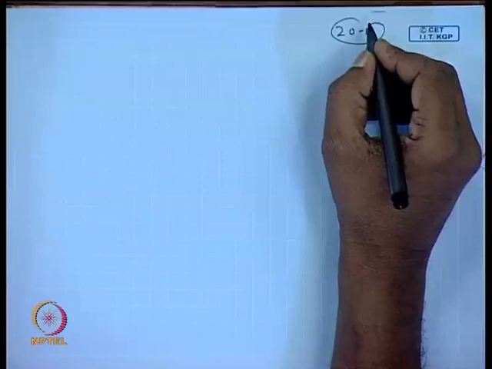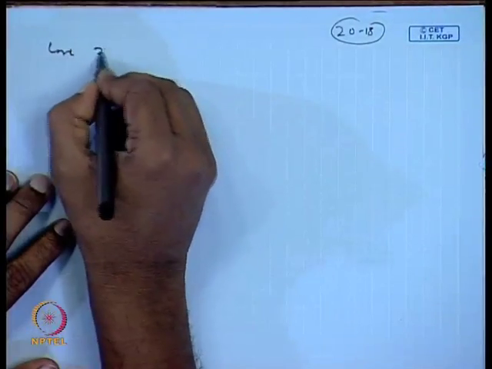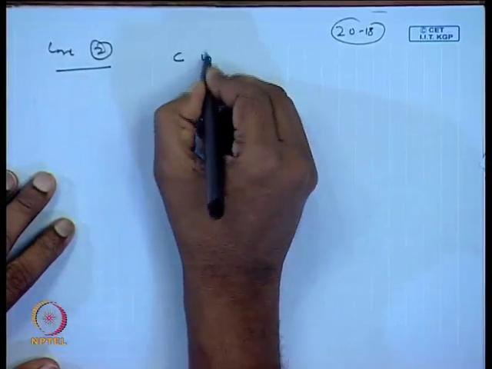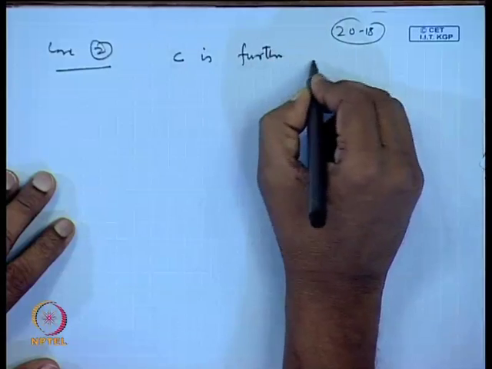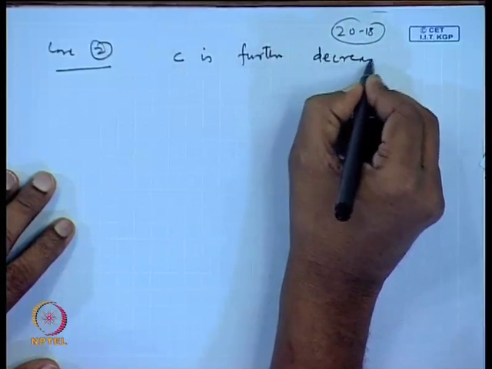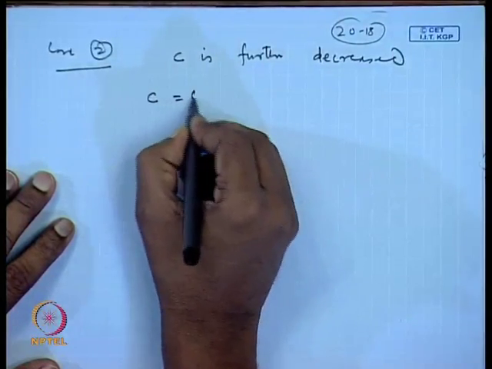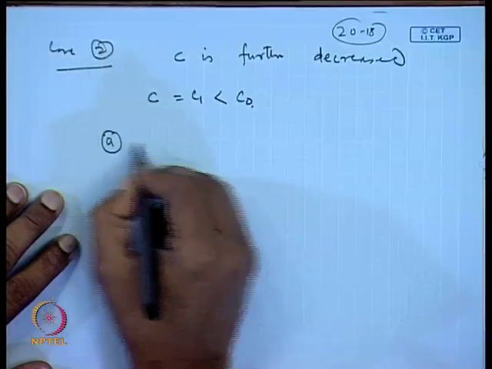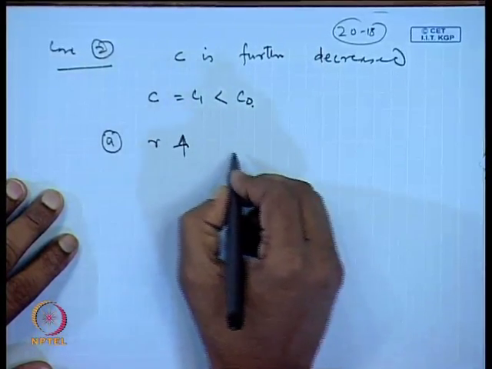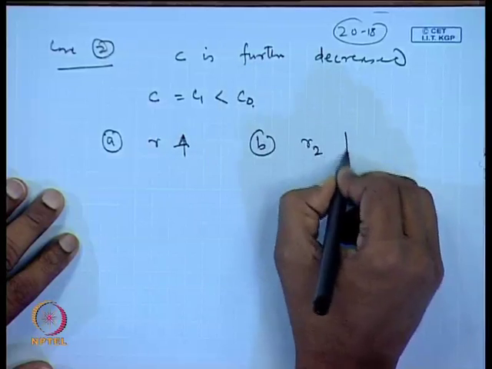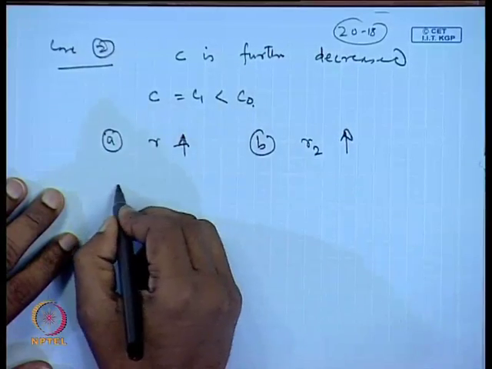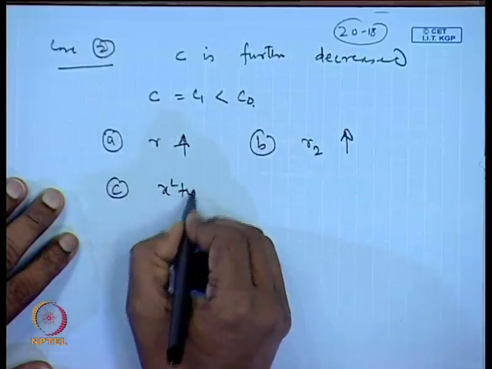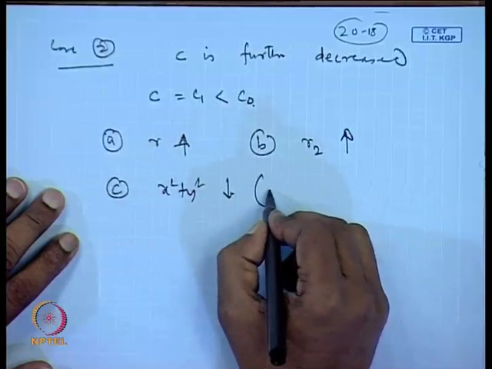Okay. So, if we decrease further, case 2, c is further decreased. So, c equal to, let us say, c 1 is less than c 0. This can happen by R 1 going up, R 2 also going up, and x square plus y square going down. So, that is, this shrinks.